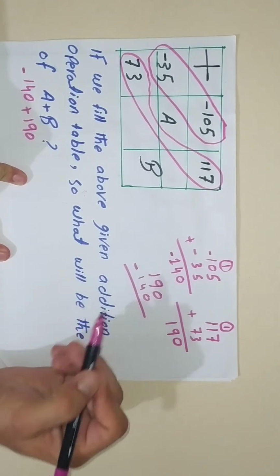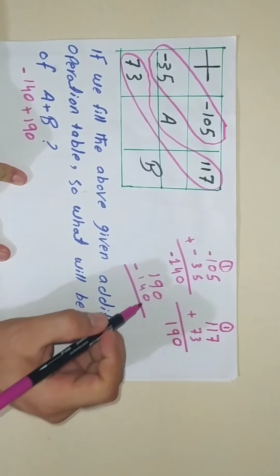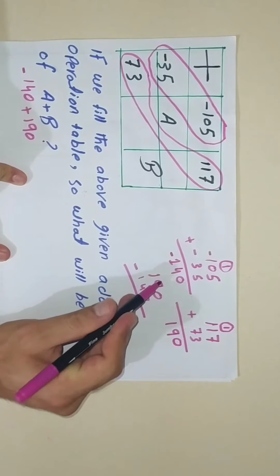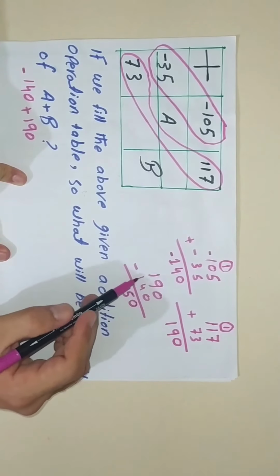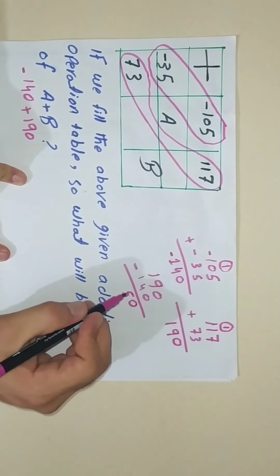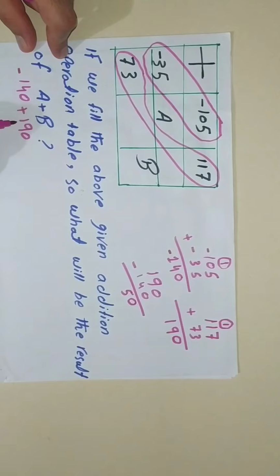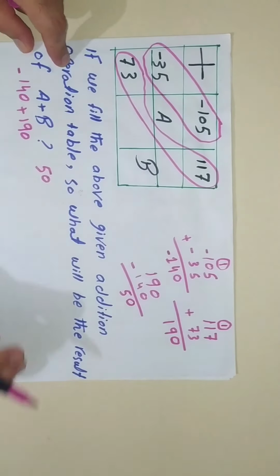If I subtract 140 from 190, 0 minus 0 gives 0. If I subtract 4 from 9, it will give me 5. And 1 minus 1 is 0. So I will put the sign of the bigger number. 190 is bigger, it is positive, so the answer will be 50. It will be positive.